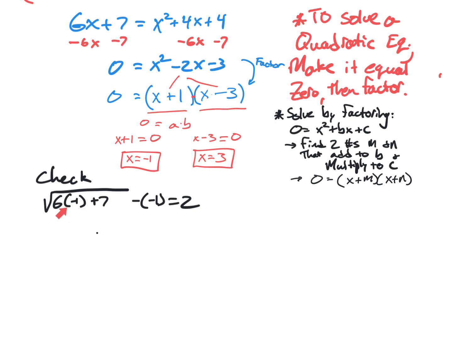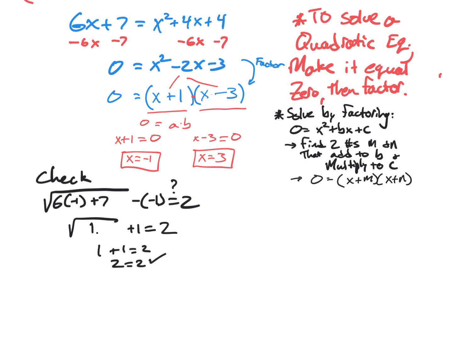So this is 6 times -1 is -6 plus 7. That is the square root of 1. Minus -1, how about I write that as plus 1? And this is looking pretty good. We got 1 plus 1, and that is 2. Should put a question mark there. We didn't know if it's equal, and yes, indeed it is.